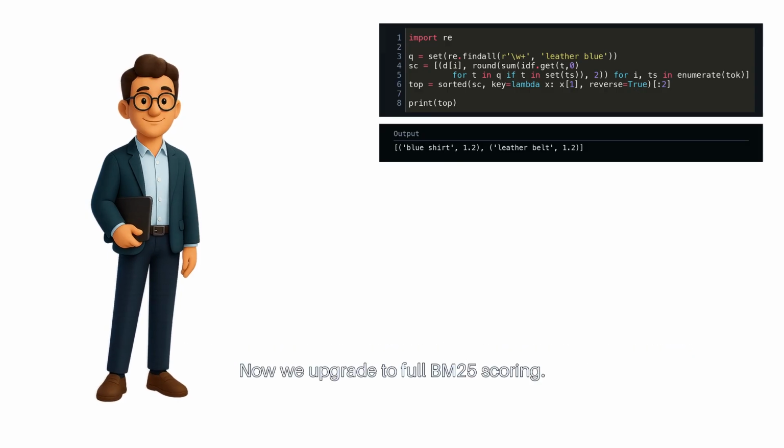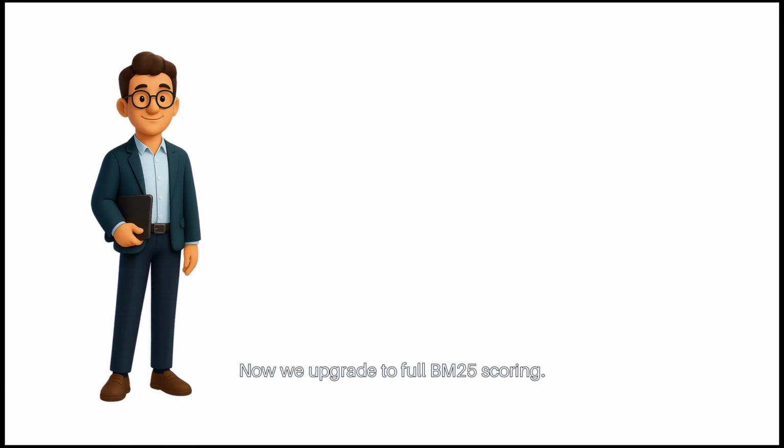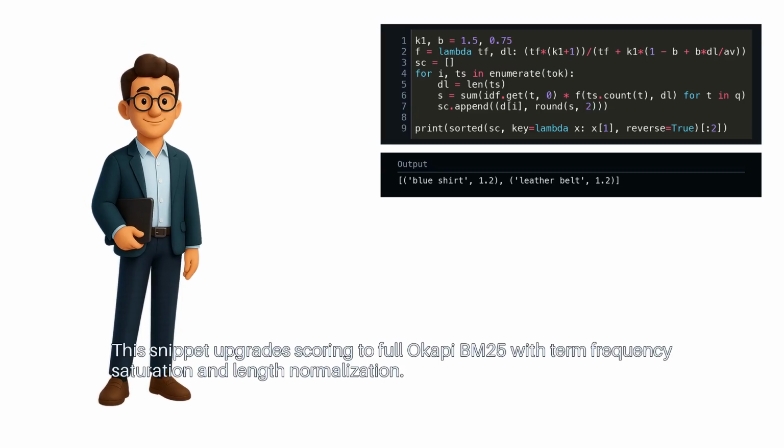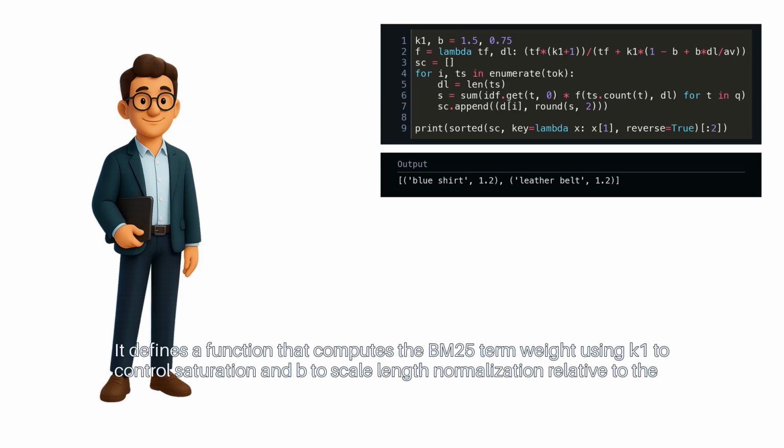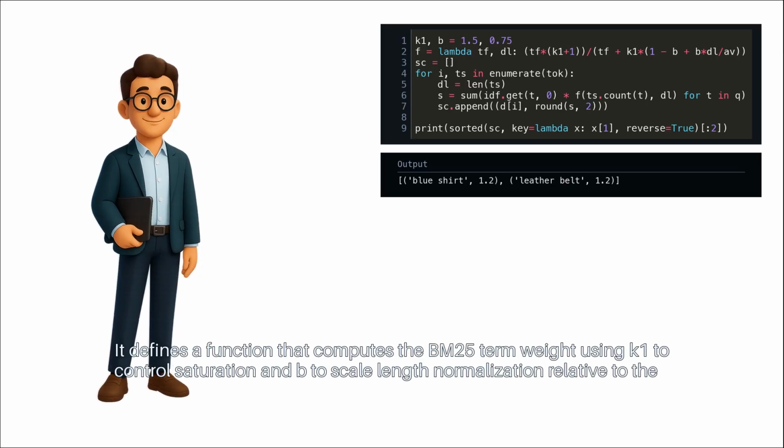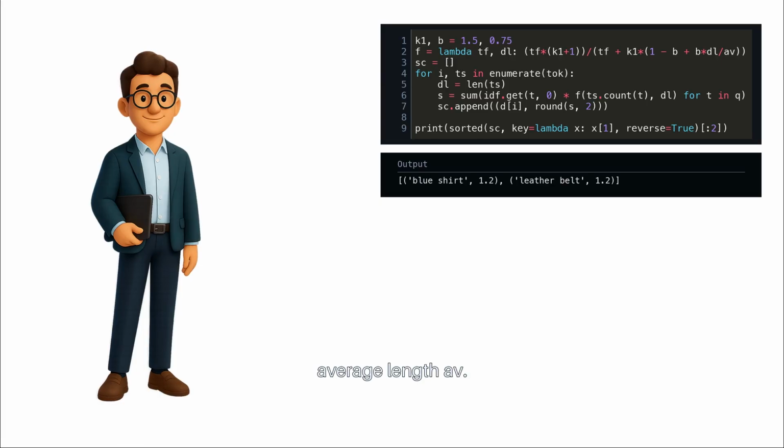Now we upgrade to full BM25 scoring. This snippet upgrades scoring to full Okapi BM25 with term frequency saturation and length normalization. It defines a function that computes the BM25 term weight using K1 to control saturation and B to scale length normalization relative to the average length AV.